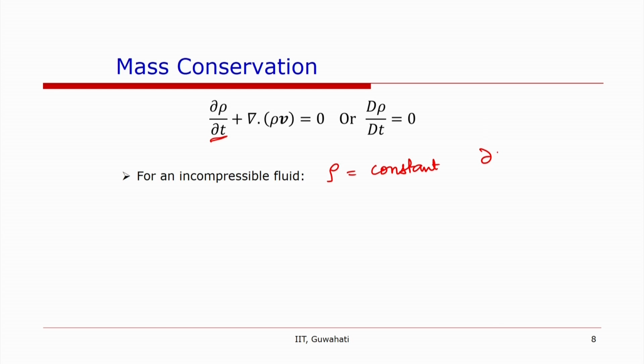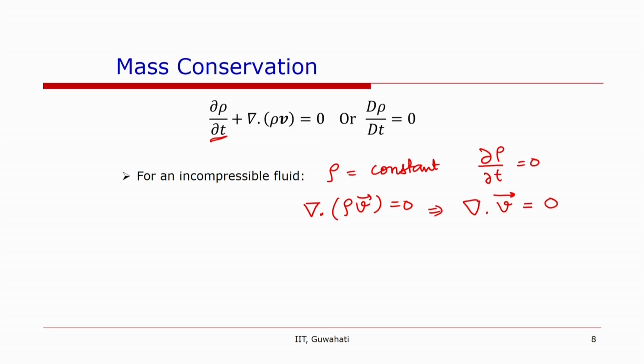That means del rho over del t is equal to 0, so what we have is del dot rho V is equal to 0. Because rho is constant, we can write that del dot V is equal to 0 for an incompressible fluid.